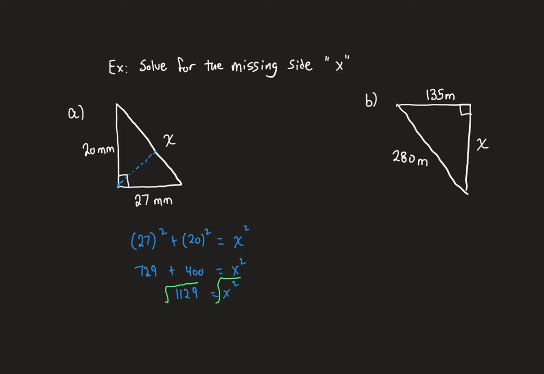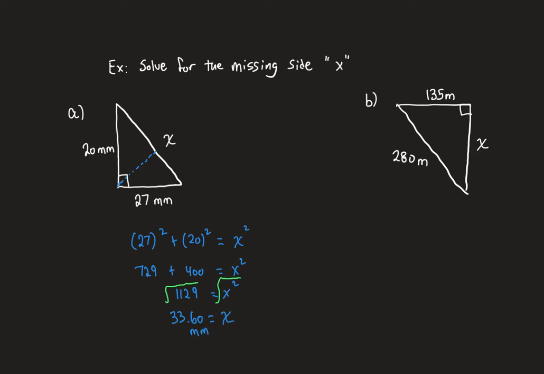Once you do that, the squared goes away, leaving you with the x. And the square root of 1129 is going to give you a decimal number. Let's try to make it in 2 decimal places. 33.60. Now, our answer is not complete yet because we are forgetting our units. So this is in millimeters, so this should be in millimeters.